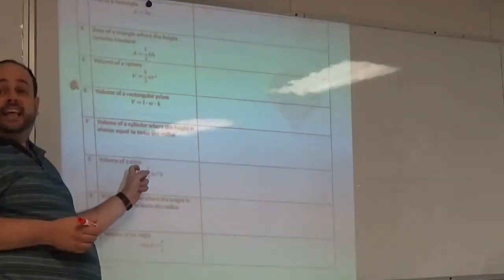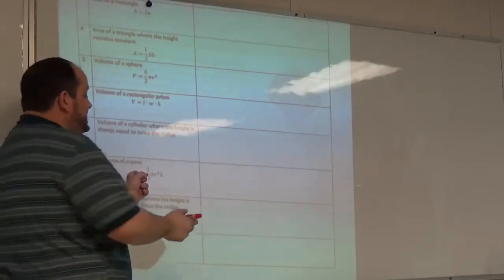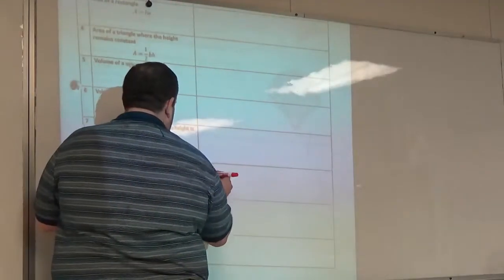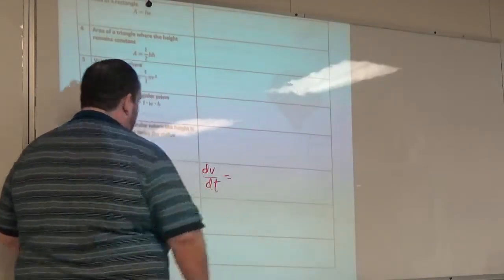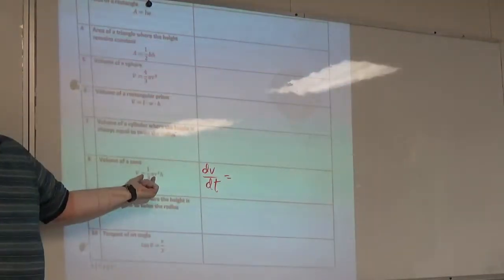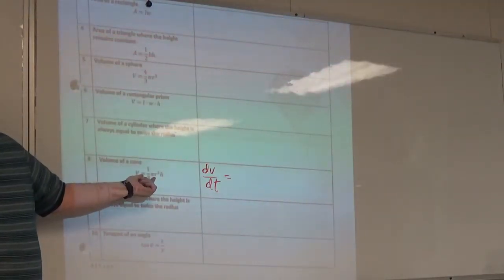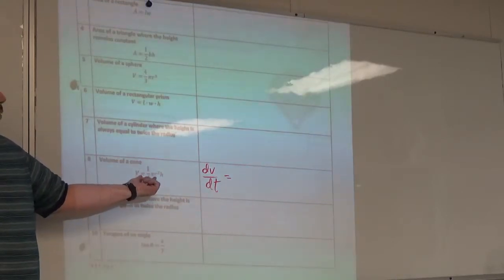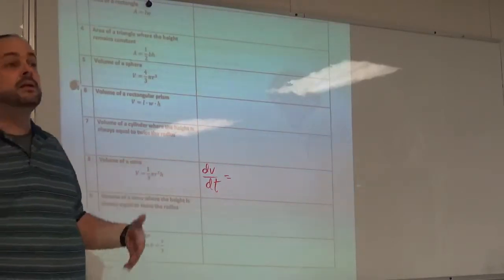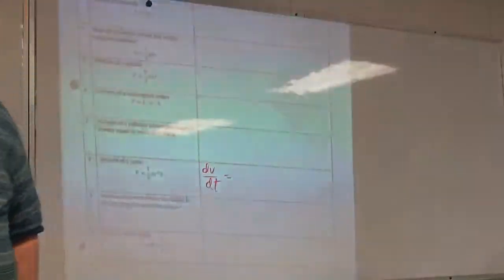The derivative on the left, dV over dt, is how we talk about volume changing. 1/3 pi. David, what do you know about the 1/3 and the pi? They're constants. So what happens when you take the derivative of these constants that are multiplying the r squared and the h?